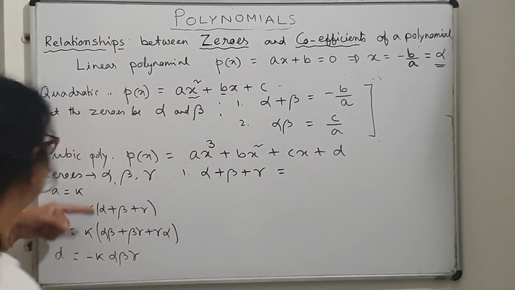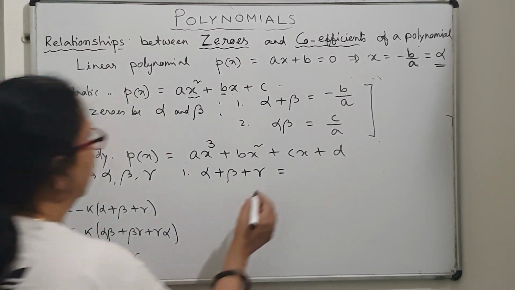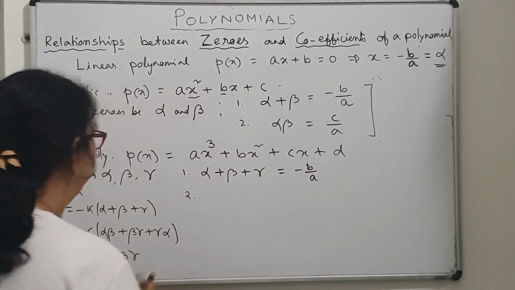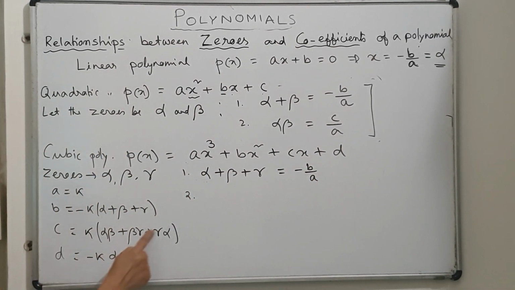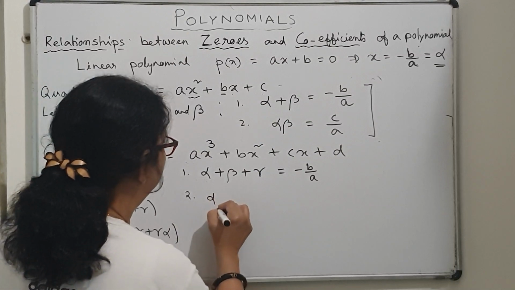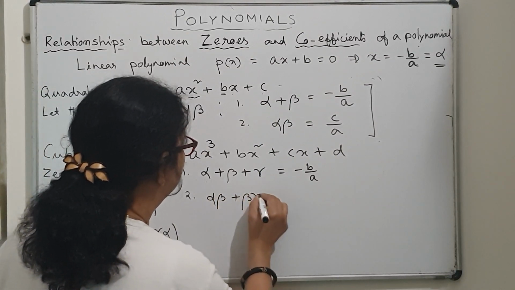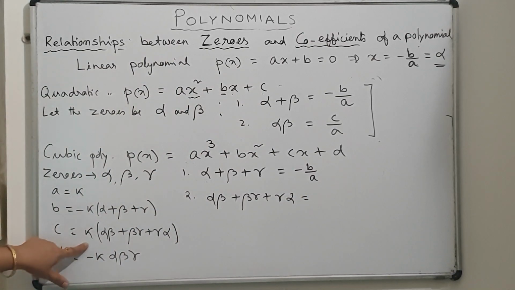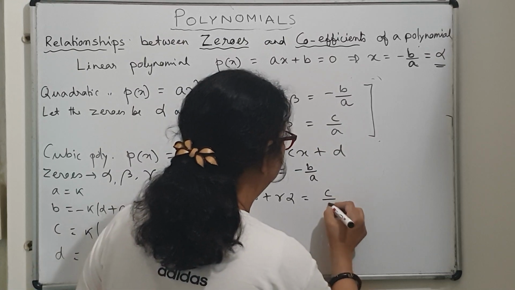Or if I divide this by this, I can get directly minus b by a. Next relation, this one, sum of the product of the zeros taken 2 at a time. So alpha beta plus beta gamma plus gamma alpha. What is this? c by k. What is k? k is a. So c by a.